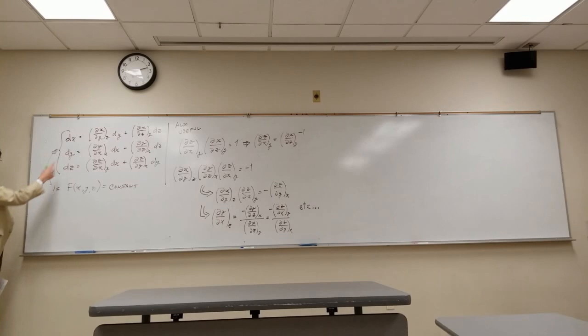And you can do that for all of the variables. This is how we're going to be taking our state functions, most notably Gibbs free energies, and expressing them in terms of the independent physical variables that we have.